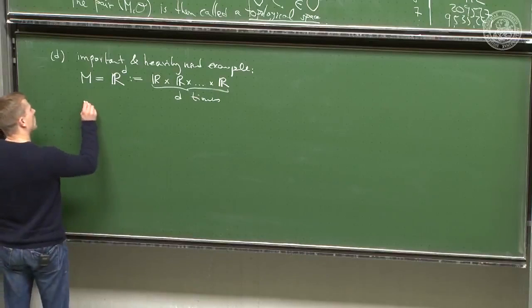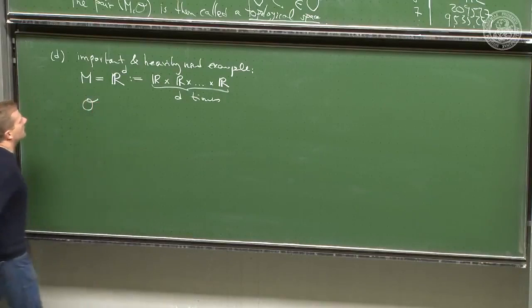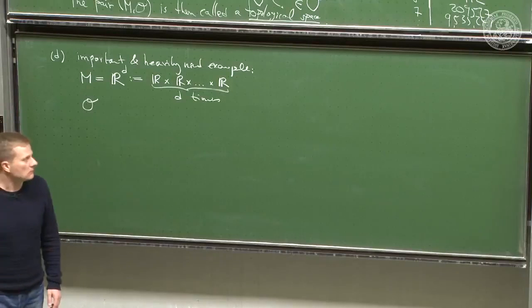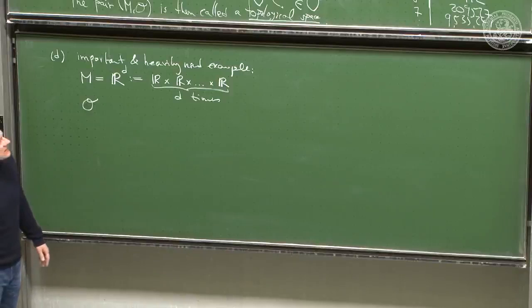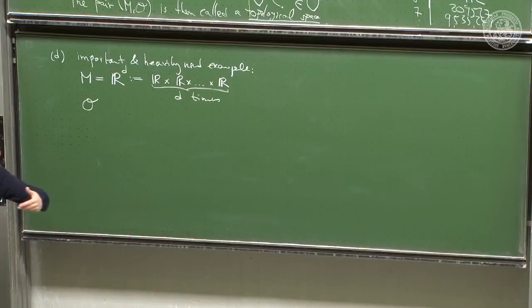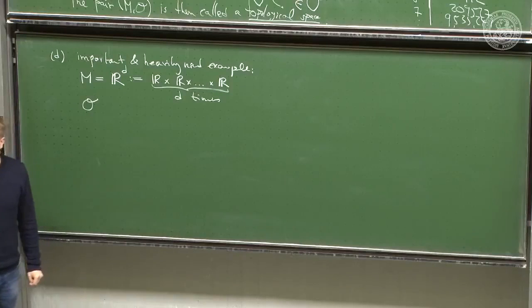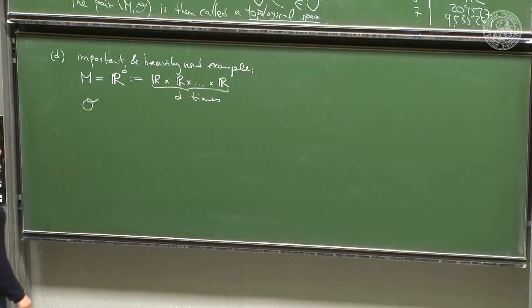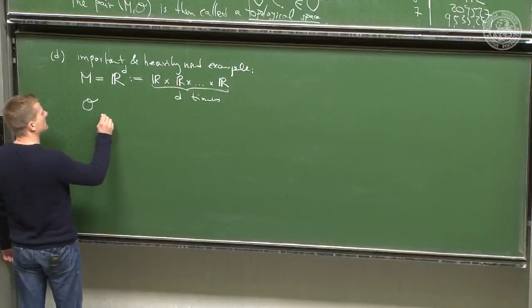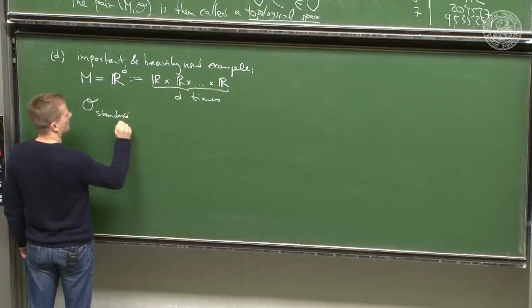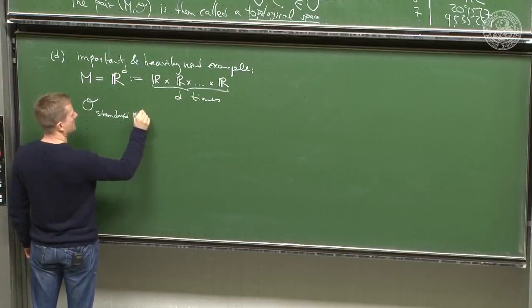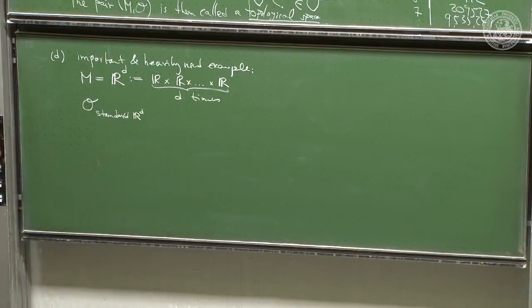Now, the question is, what topology could we equip the real numbers with? Well, for instance, the chaotic topology or the discrete topology as extreme cases. But there is one very useful topology, and that's called the standard topology, O standard, on R^d. Well, that's a funny name.